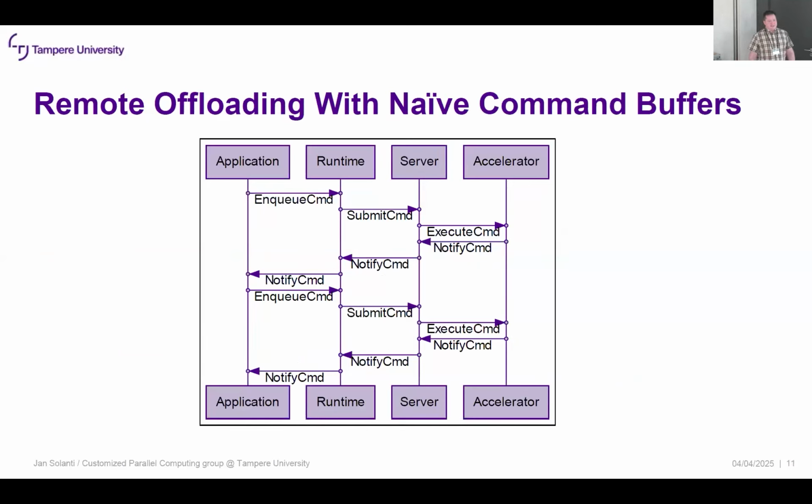So if you use the layer or the simplest implementation of the command buffers, it doesn't really change anything for the POCL remote runtime. It still records all the commands on the client and then replays and enqueues all the commands on the client. So essentially, you're still in the same position as far as SYCL remote is concerned.